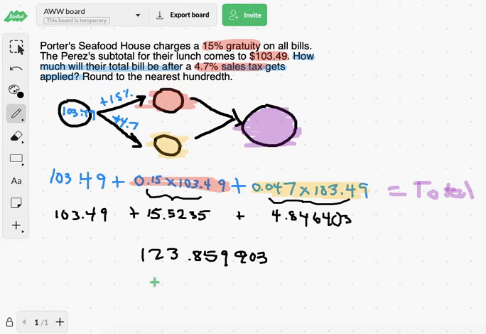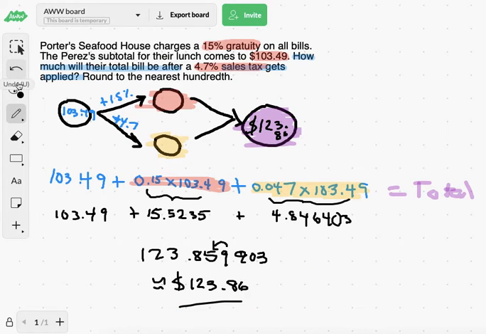Okay, so this is approximately, because I have to round using that number, looking at the 5. That tells me to change that to a 6. So this is 123.86. 123.86 is the final cost. And I'm going to write the 86 down there. I just don't have the space, sorry. So 123.86 is the final cost.